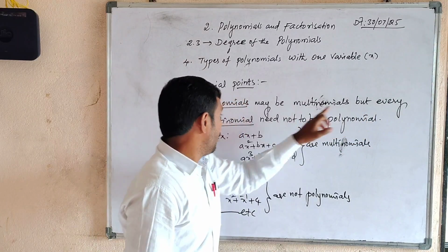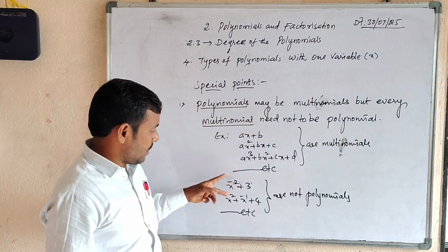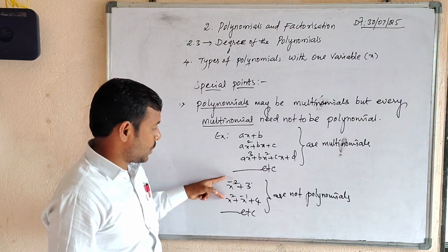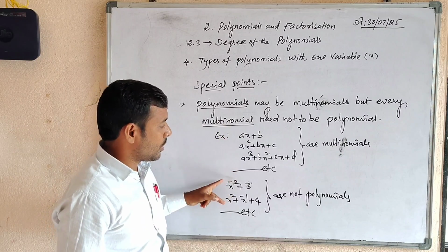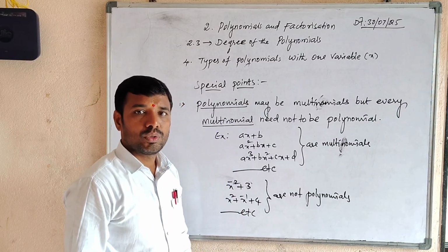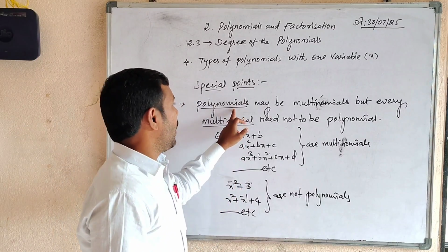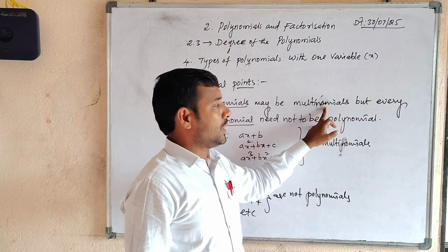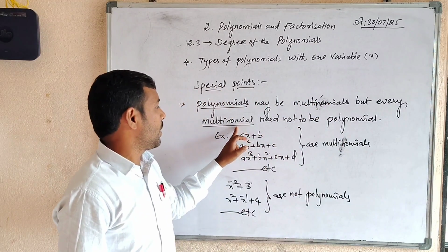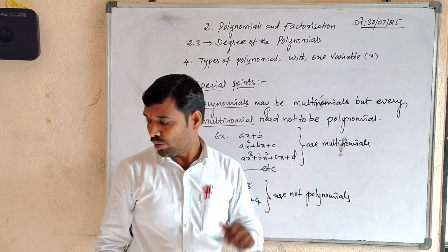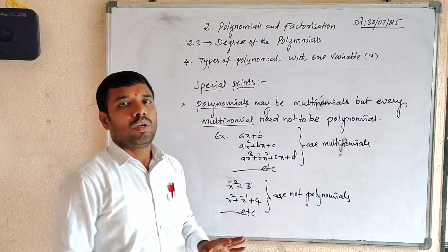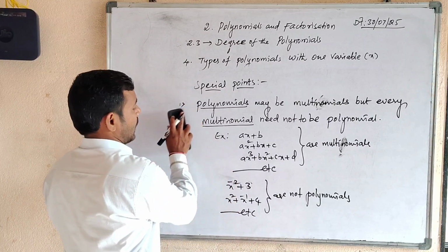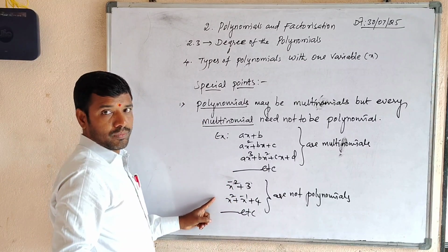But take these two examples: they are multinomials only, not polynomials. So you believe that polynomials may be multinomials, but every multinomial need not be a polynomial. This is the first special point to us.